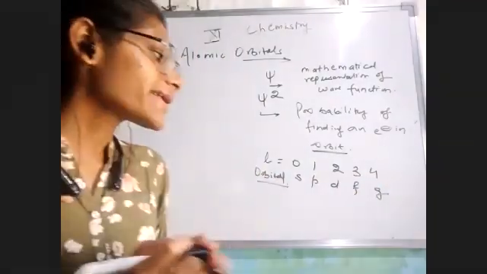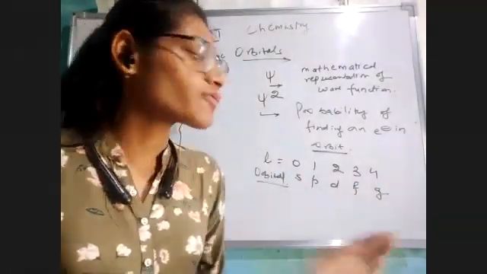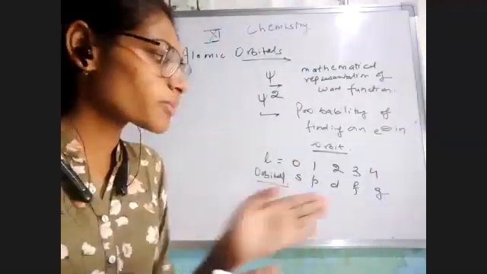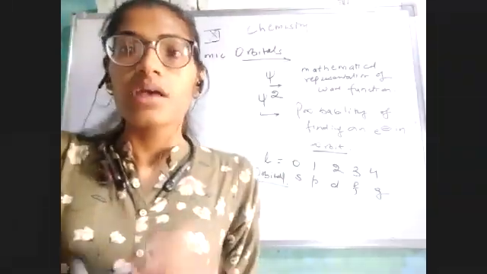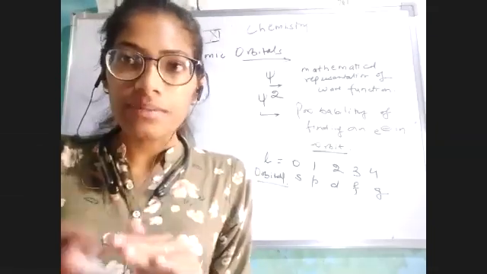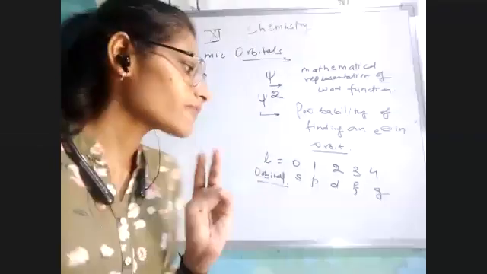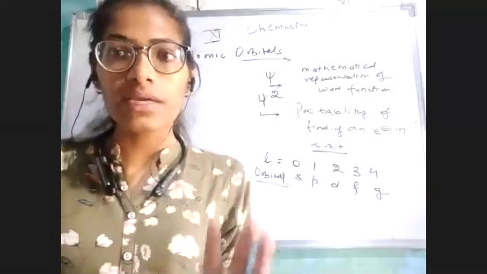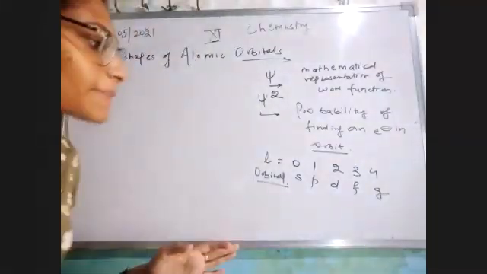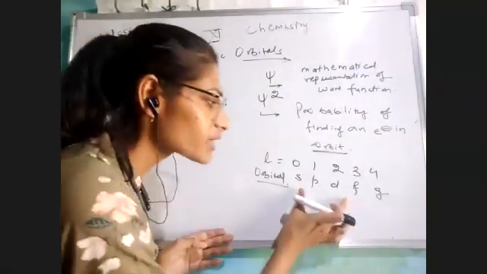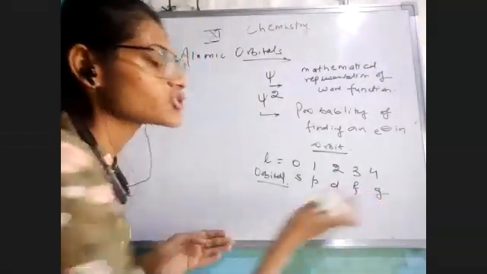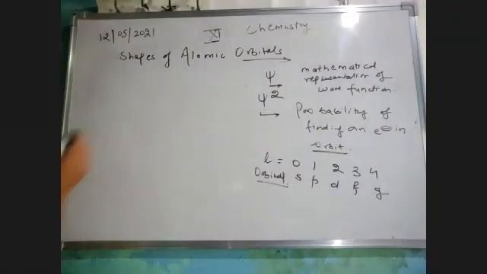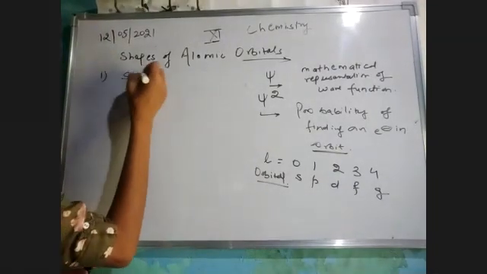So now we need to discuss the shapes of these orbitals: the shape of s orbital, the shape of p orbital, the shape of d orbital. In your 11th class syllabus, we have only s, p, and d. That means we need to focus only on the shapes of these three orbitals rather than f and g. So let's start with the shape of atomic orbitals. First one, the s orbital.